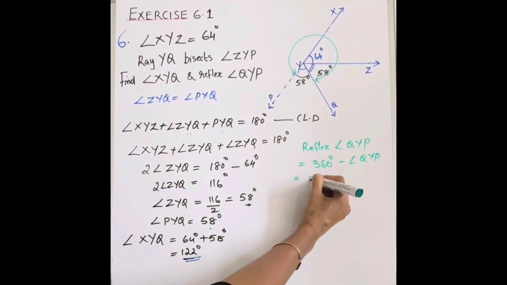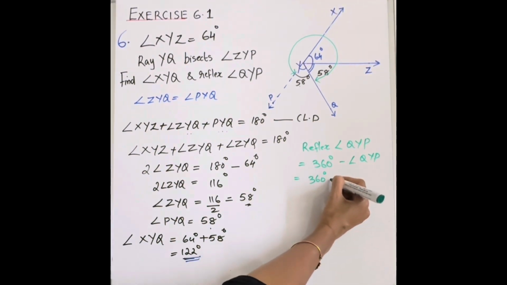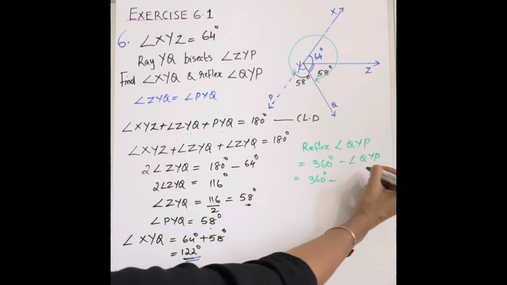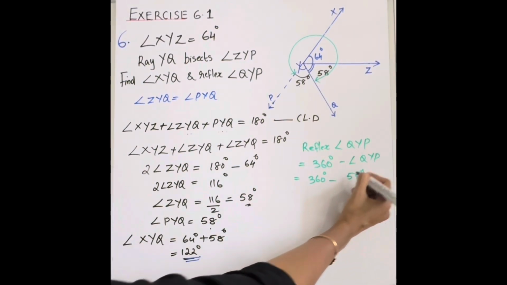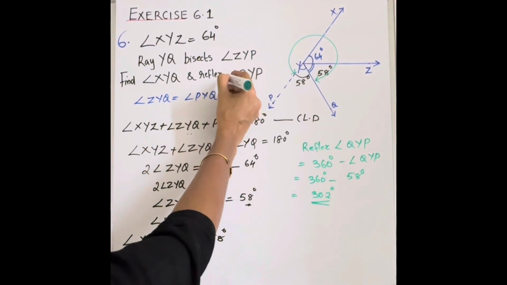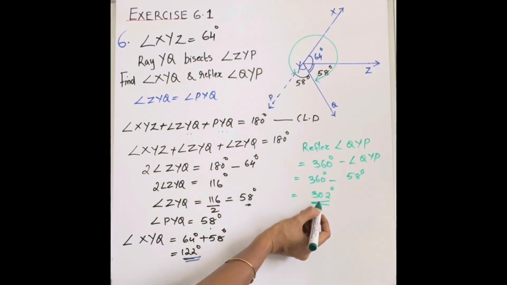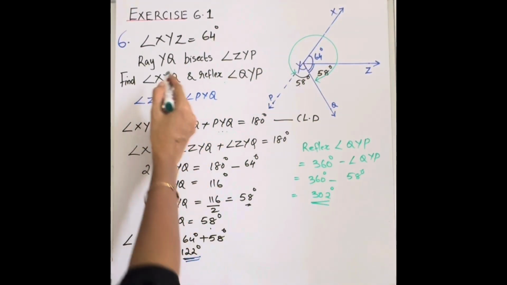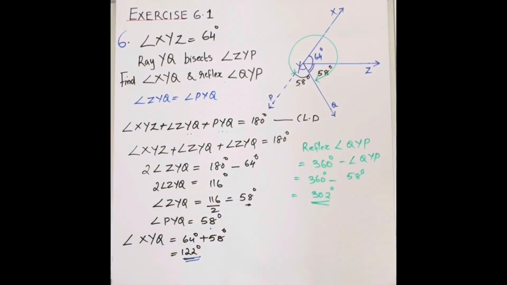How much is QYP? 58 degrees. So 360 minus 58 will give you 302 degrees. So that is the answer for reflex angle QYP. So reflex angle QYP is 302 degrees and XYQ is 122 degrees.